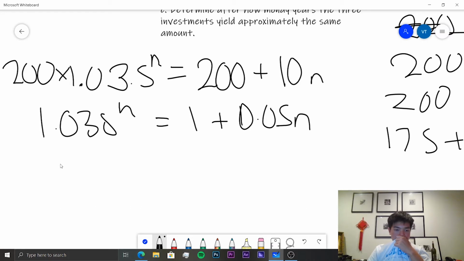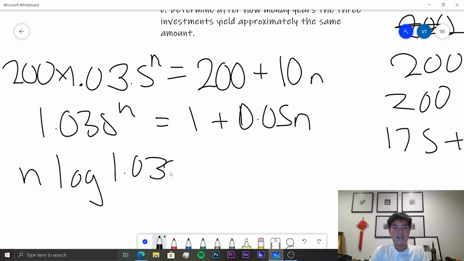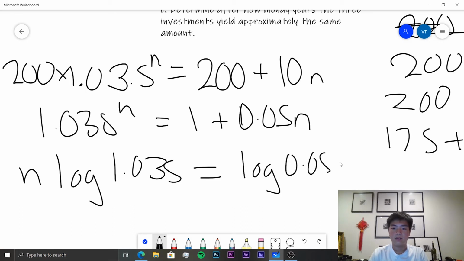So log, fine, n log 1.035. I guess we have to do it this way. Log 1 is equal to 0, of course. So this will equal log 0.05. Is this the best way to do it?